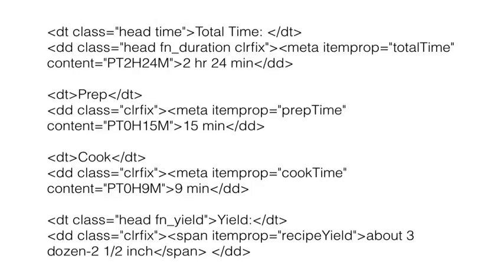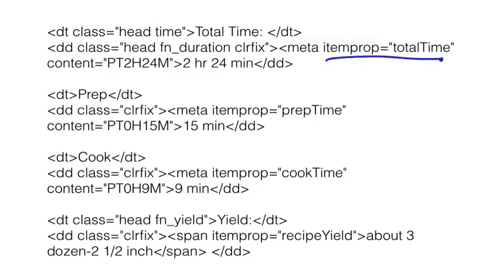Now this is the data about the recipe, how long it will take to prepare, yield, etc. DT and DD and whatnot, those are all standard HTML tags. DT describes a term, DD is a description of that term. We will ignore those.